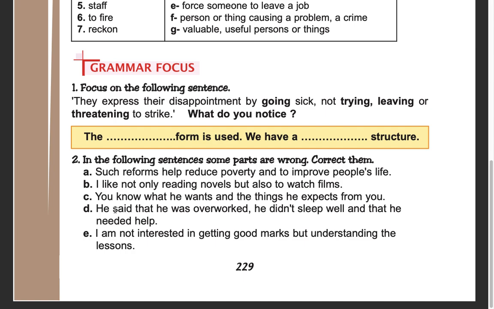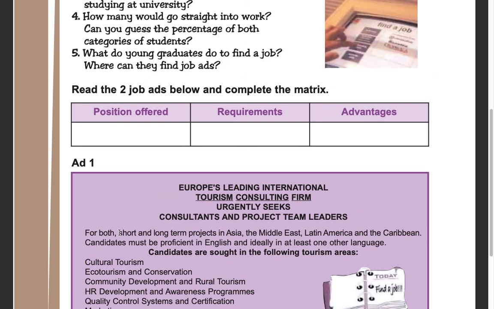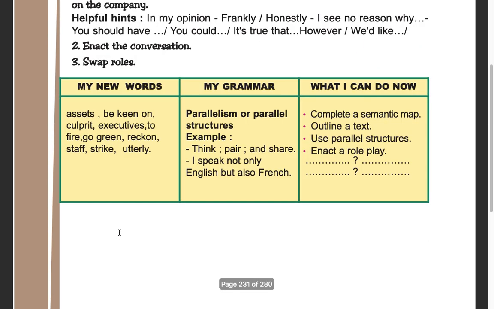So it should be: "He said that he was overworked, that he worked longer than needed, for example, that he didn't sleep well and that he needed help." And then, apologize for that again.